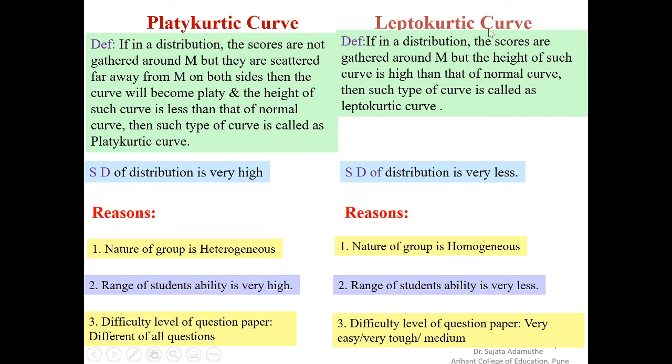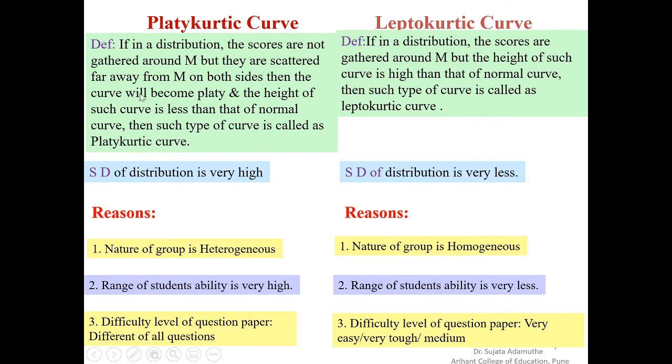That means the leptokurtic will come there. Very easy, the leptokurtic curve will shift to the right side. Very tough, it will shift to the left side, and medium, it will come in the middle like this.